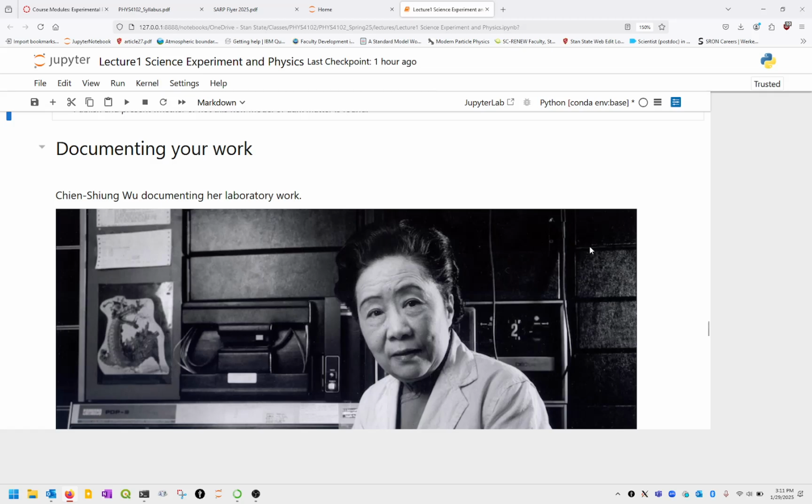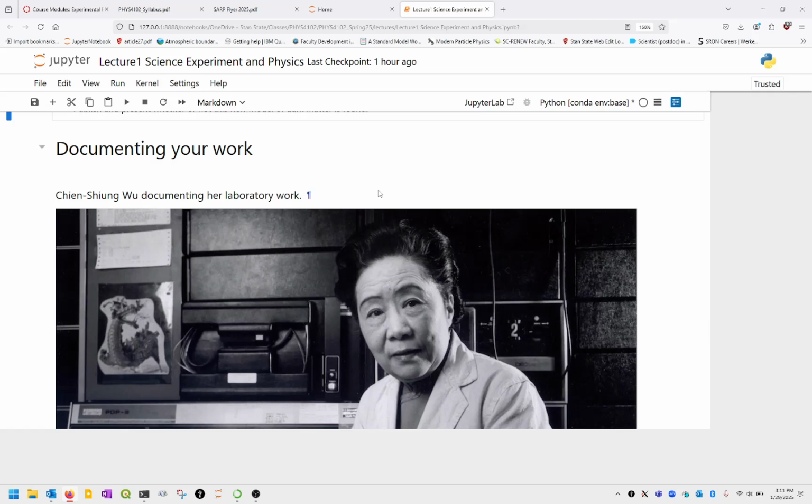When I took this class, my professor told me that if you came into the lab, did a bunch of stuff, and didn't write anything down, you didn't do any work that day. Unless you can document what you're doing, you literally have not done your work.